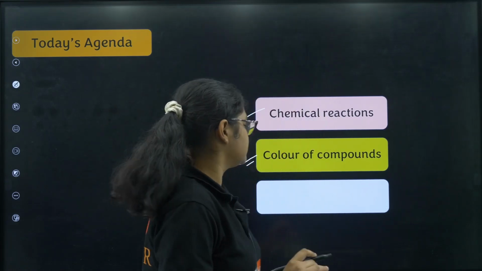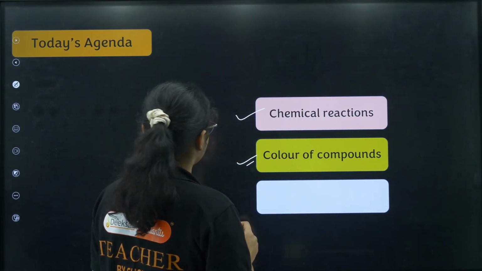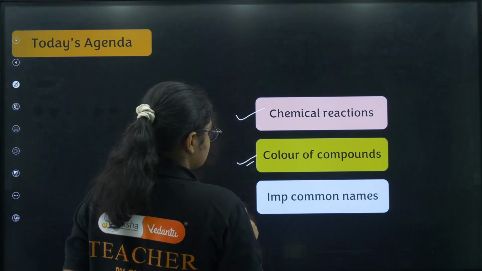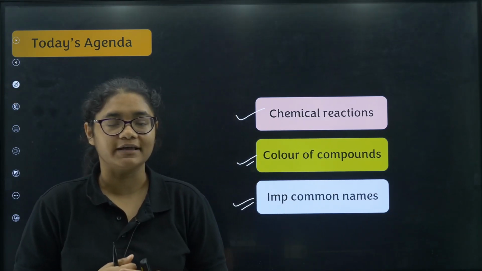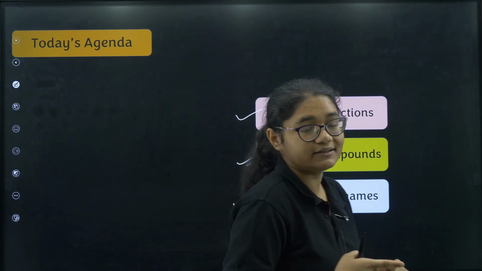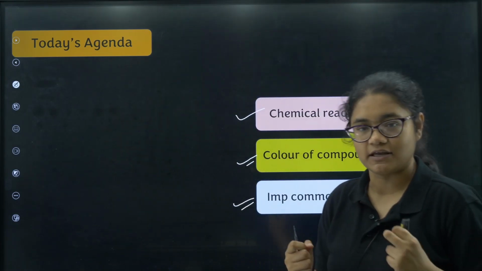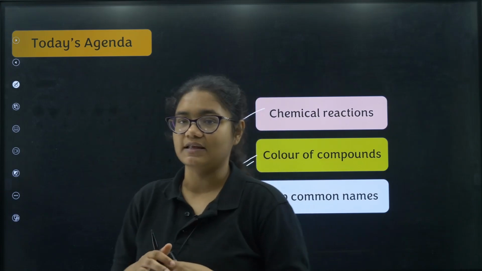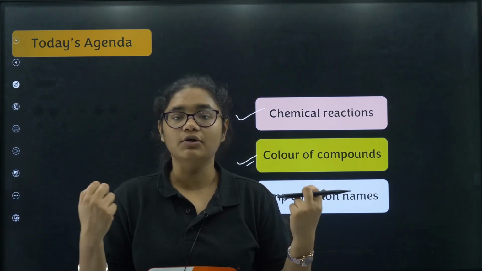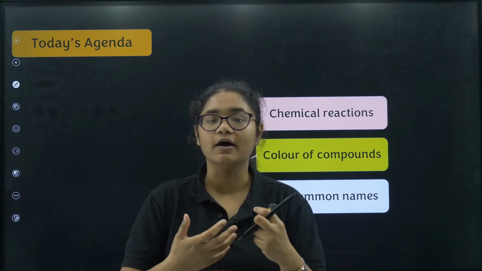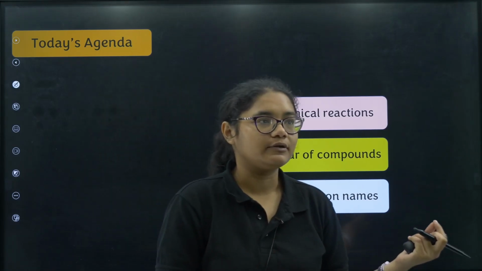Now second, this is done. Third, what we have is important common names. So many compounds are there whose direct chemical formula is not used, rather their common names are used. For example, a question is asked: write the decomposition reaction of limestone.